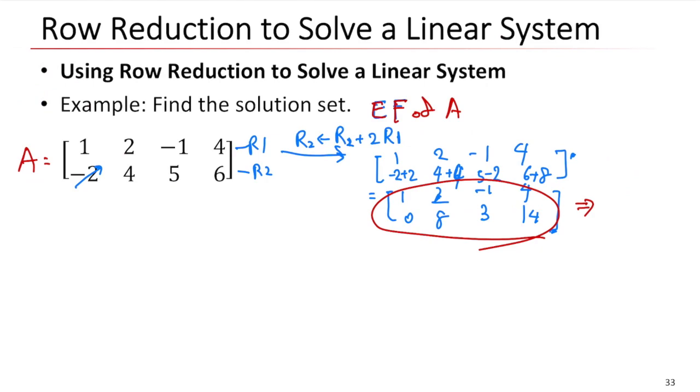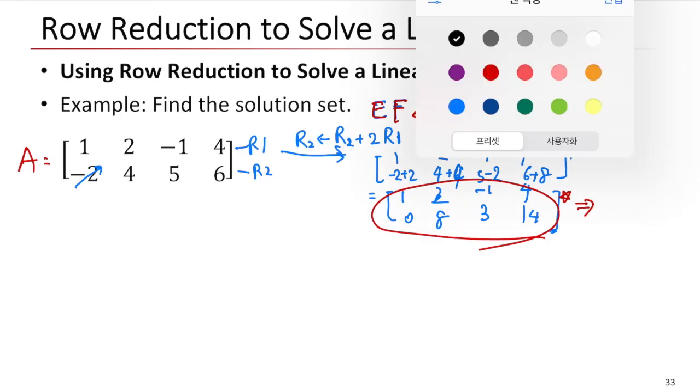So it means that this system has a solution set, and from this echelon form of the matrix A, we can represent the parametric description of the solution set like this.